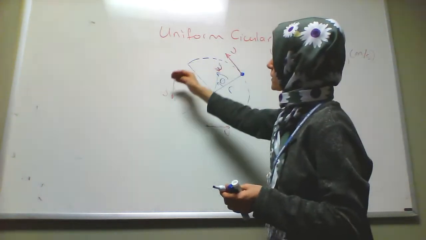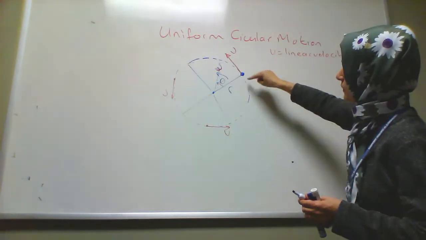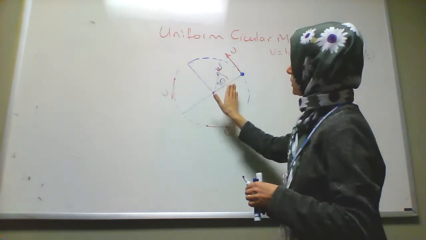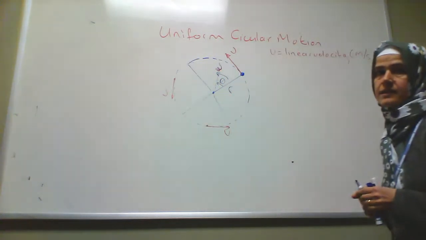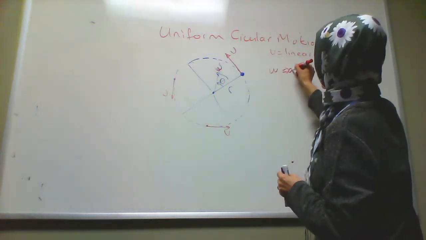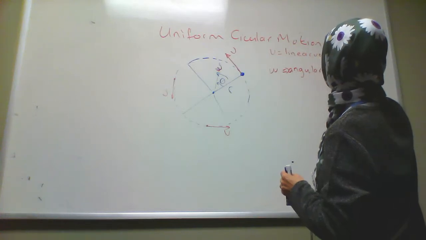So the linear velocity rotates along the circle, along x, let's say, and angular velocity rotates the angle. It travels the angle. The distance traveled for angular velocity is the angle. So omega will be the angular velocity here.